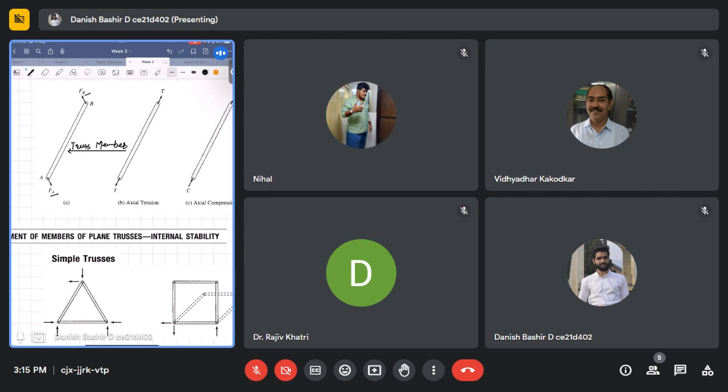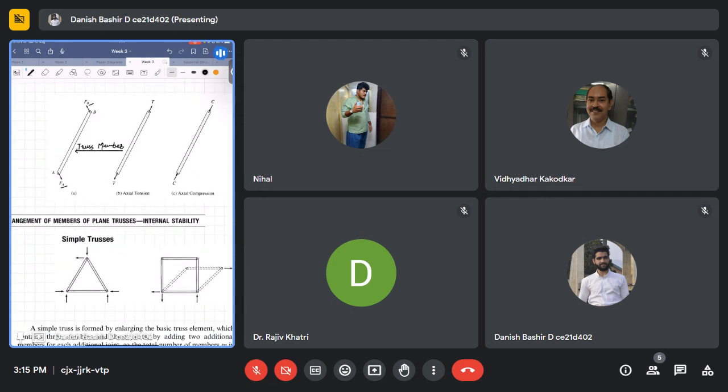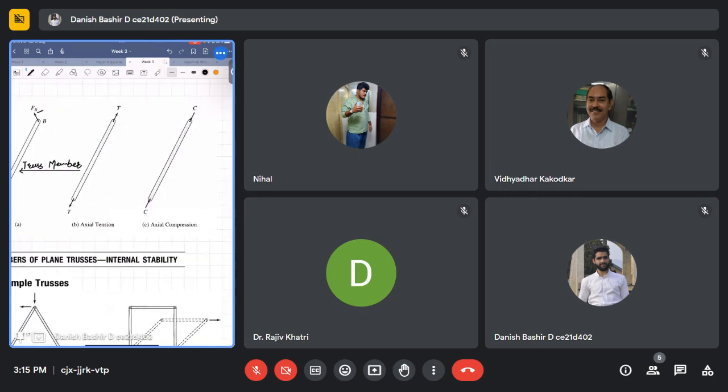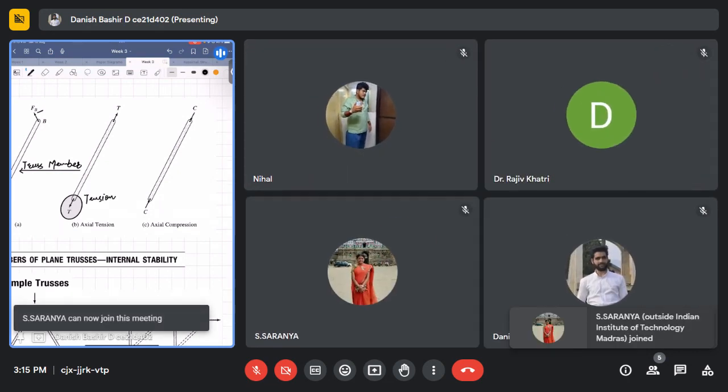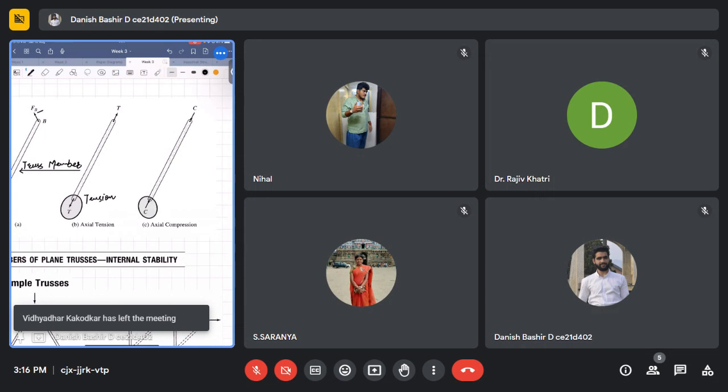So this FA and FB will be resolved in such a way that the truss member will take it through either tension only, or it will take it through compression only. Okay.